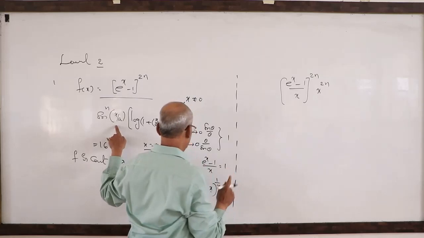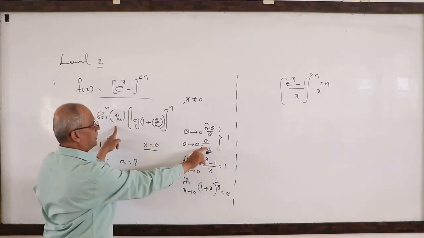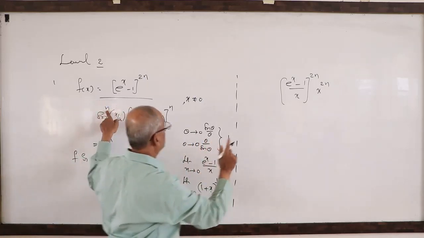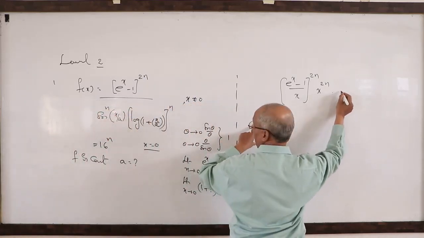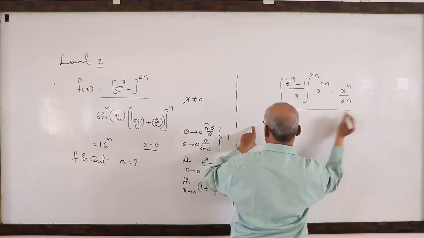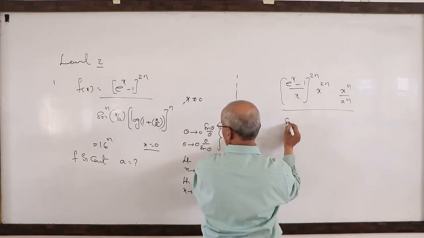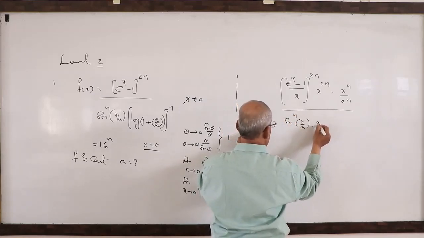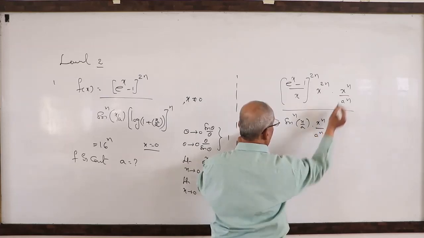Next for this sin theta by theta, theta by sin theta. Already x by a is here with this power. So x power n by a power n by sin power n of x by a, x power n by a power n. Multiply, divide.